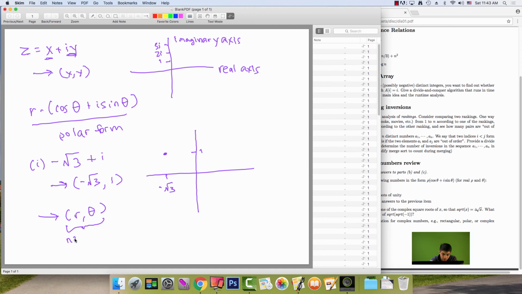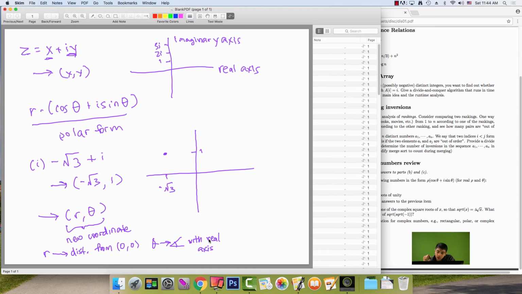So this is what we want our new coordinate to look like. To give a couple additional definitions, r is the distance of our complex number from 0, 0, or the origin, and theta is the angle that is made with the real axis, or x-axis.